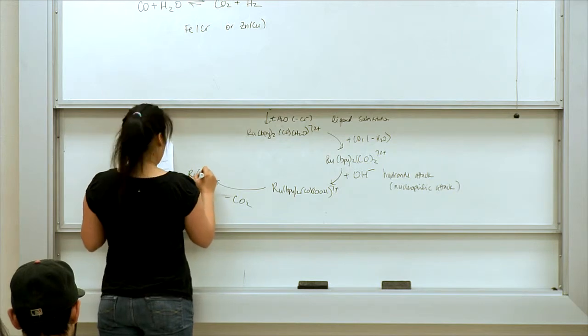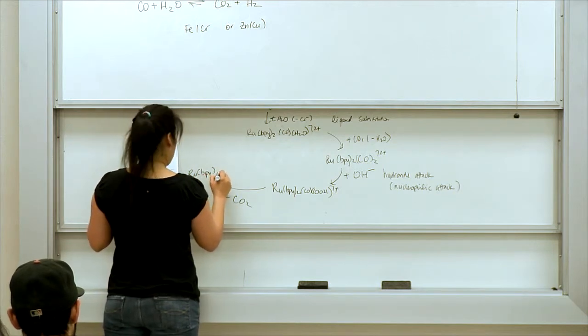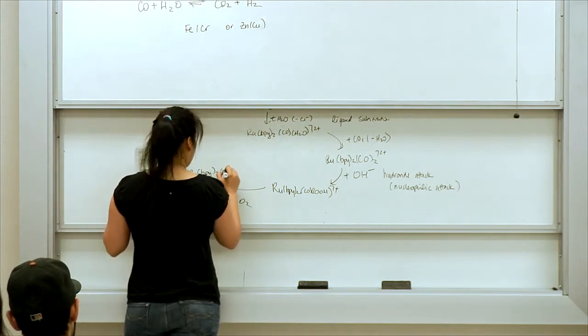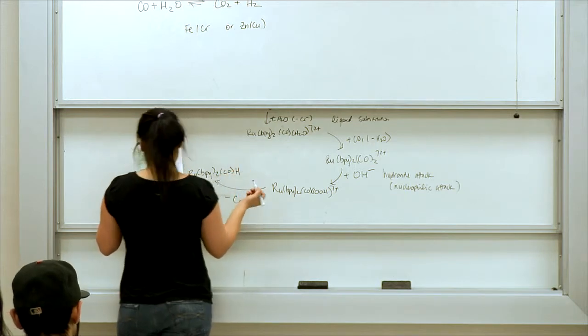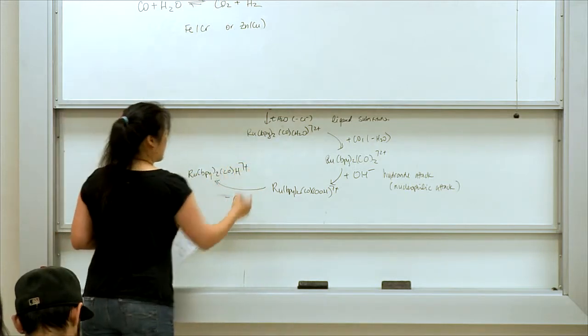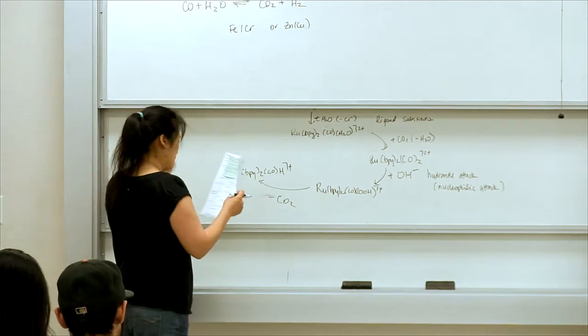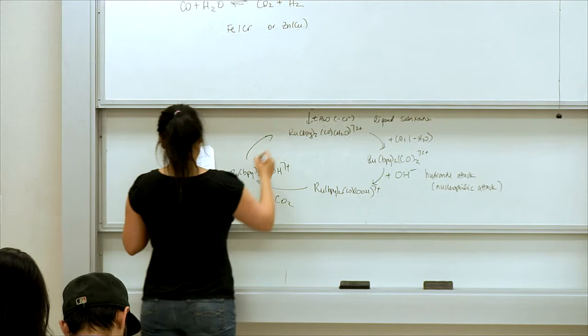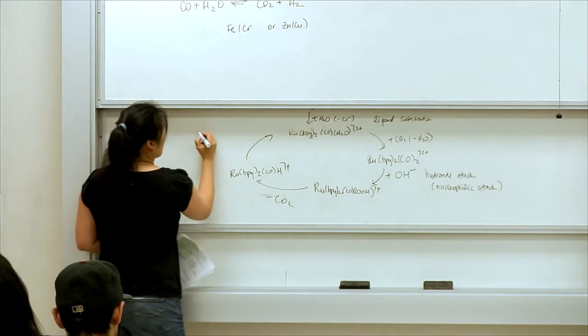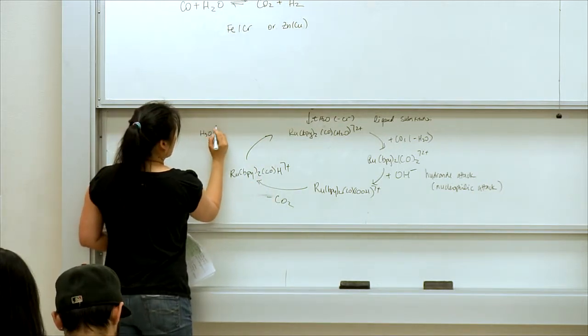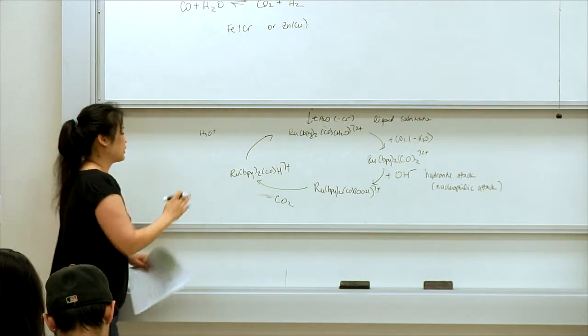So you end up with the hydride, 2CO, so you still have one CO. And you guys remember metal hydrides from when we first started doing organometallic chemistry. And then essentially you get water in the form of, well, it's basically acid.